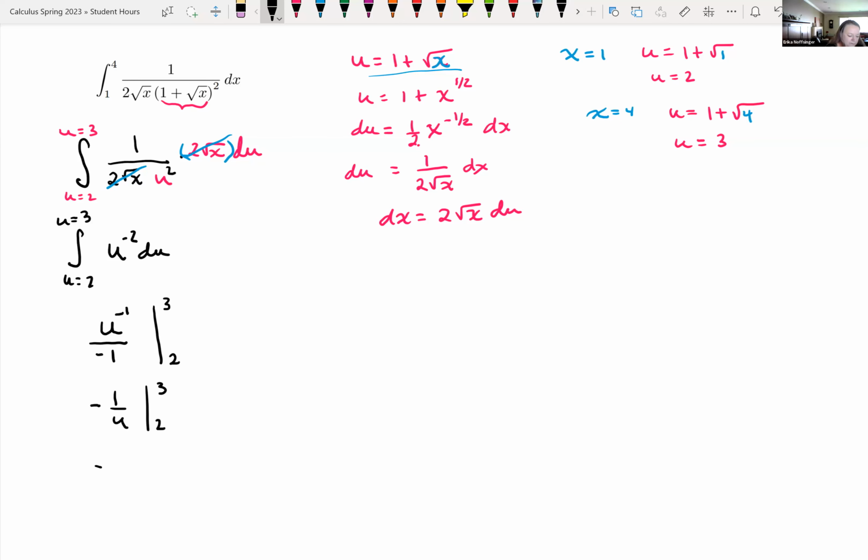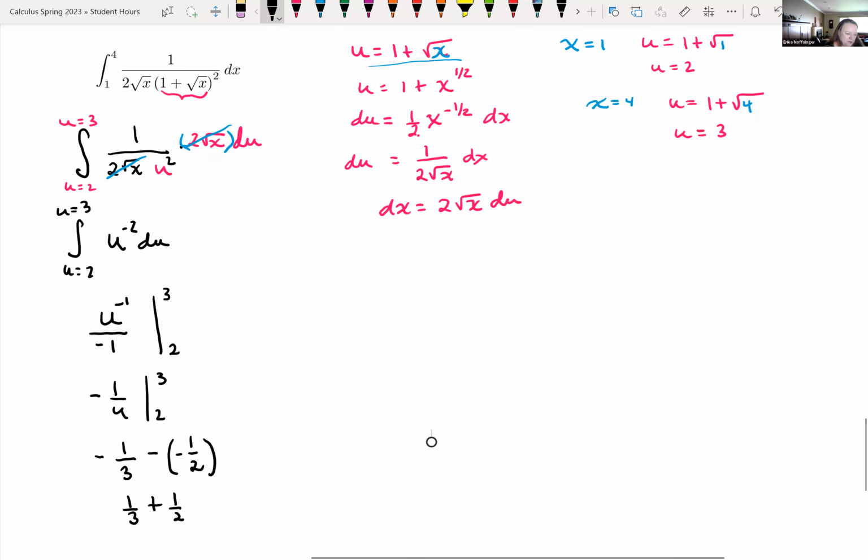Plugging in our top bound first. So plugging in 3 wherever you see a u, we have negative 1/3 minus. Now plug in 2 wherever you see a u. So minus 1 over 2. So I have 1/3 plus 1/2. Common denominator.